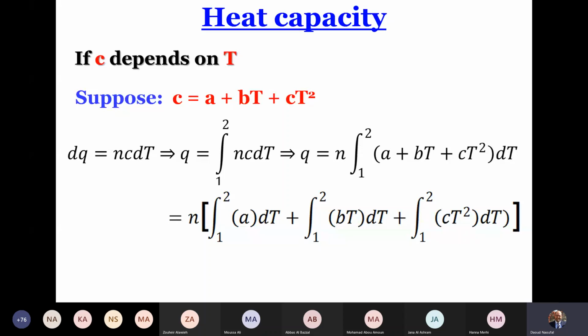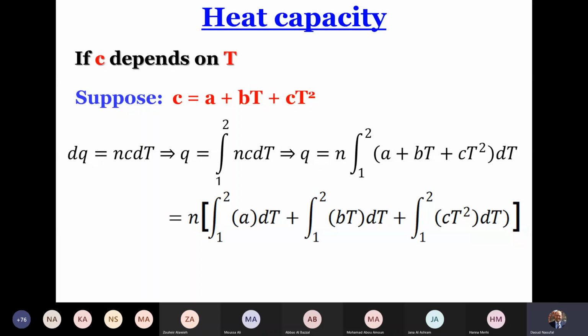The specific heat capacity is the amount of energy required to increase the temperature by 1 degree for 1 gram of this substance. And the molar heat capacity: you take 1 mole of this substance, you increase the temperature by 1 degree, and the energy absorbed is the molar heat capacity.